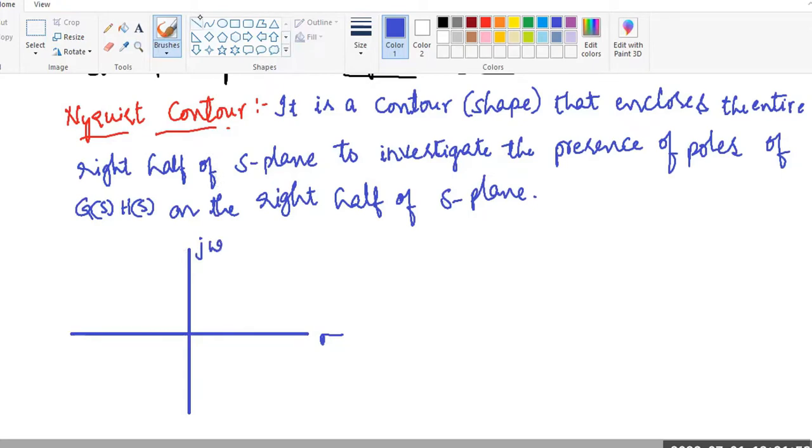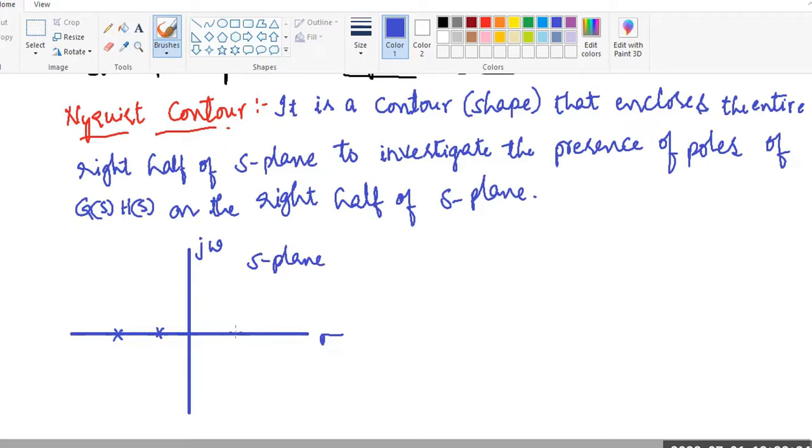If the poles of the open loop transfer function lie on the left half of the s plane, then the system is a stable system.